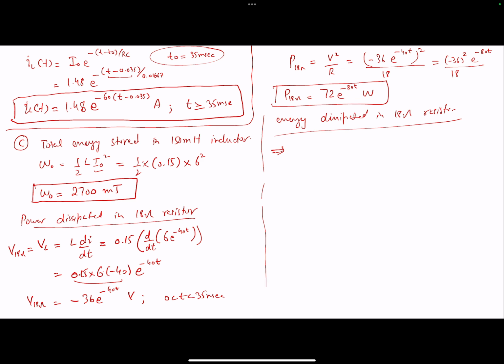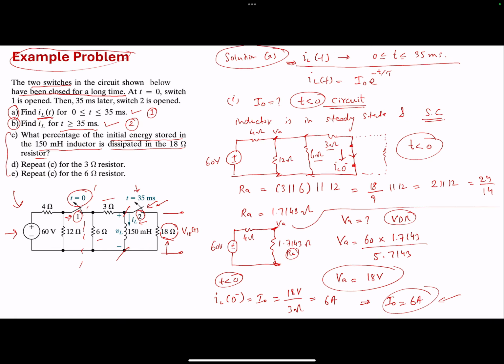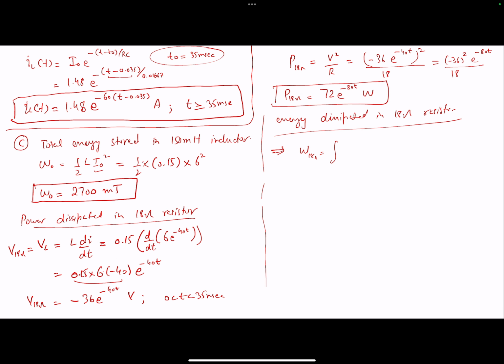Essentially, when we are trying to find the energy, all we do is integrate. And we know that the energy is only dissipated in the 18 ohms resistor between switching 1 and 2 events, because when switch 2 gets opened, the 18 ohms resistor gets kicked out of the circuit as well. So my limits of integration are practically 0 to 0.035 seconds, or 0 to 35 milliseconds.